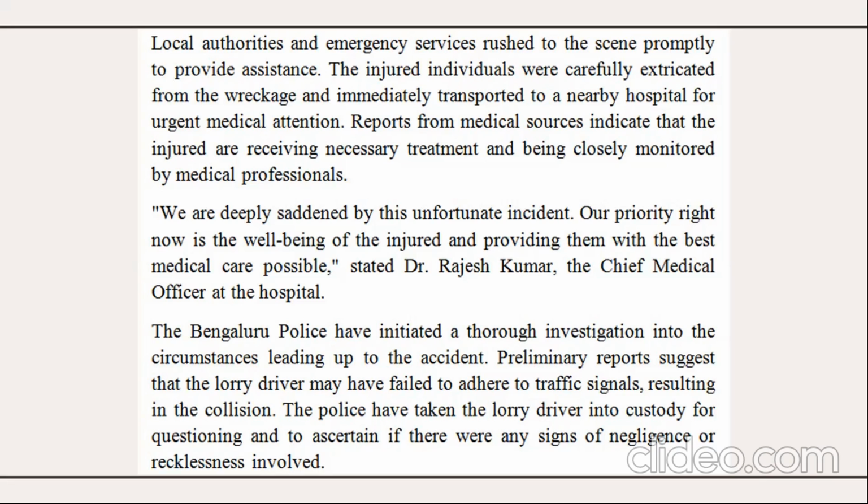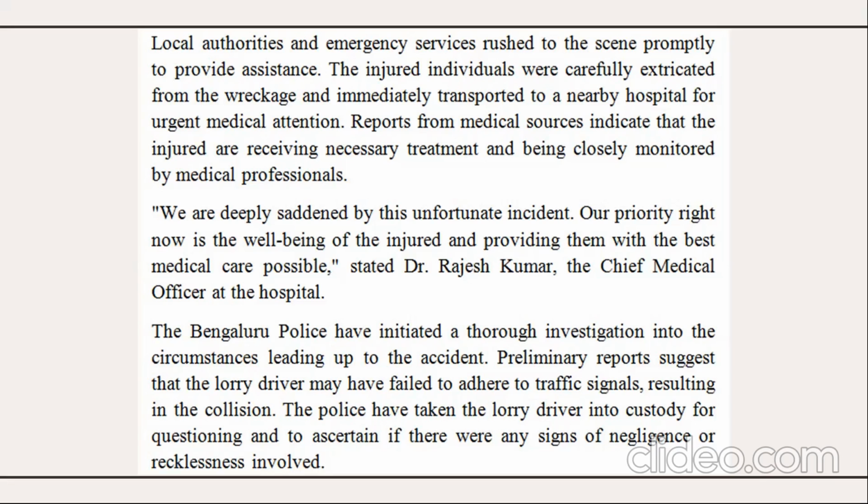Preliminary reports suggest that the lorry driver may have failed to adhere to traffic signals, resulting in the collision. The police have taken the lorry driver into custody for questioning and to ascertain if there were any signs of negligence or recklessness involved. So this is how you need to draft a news report following the hints given.